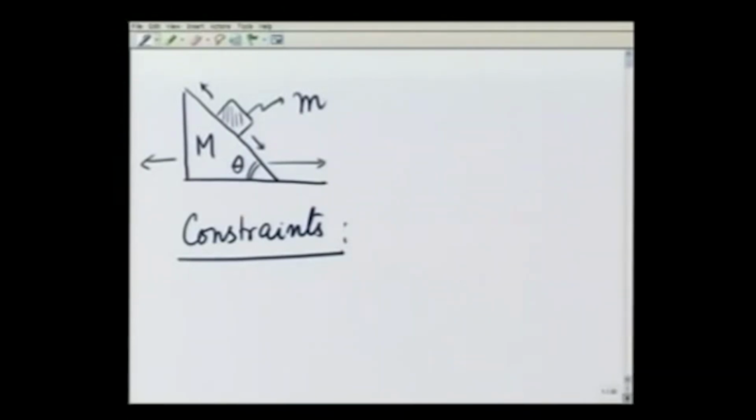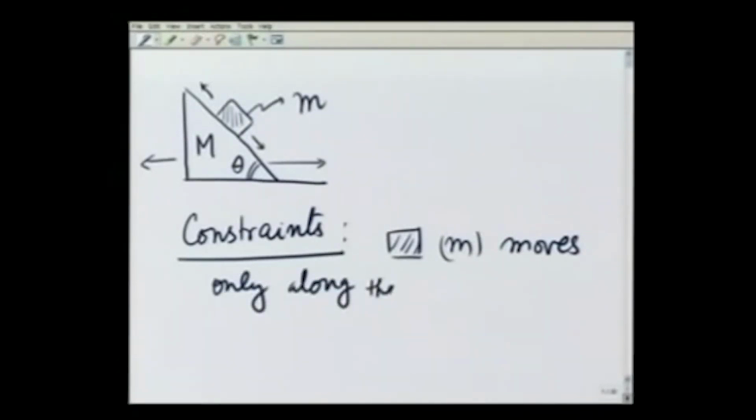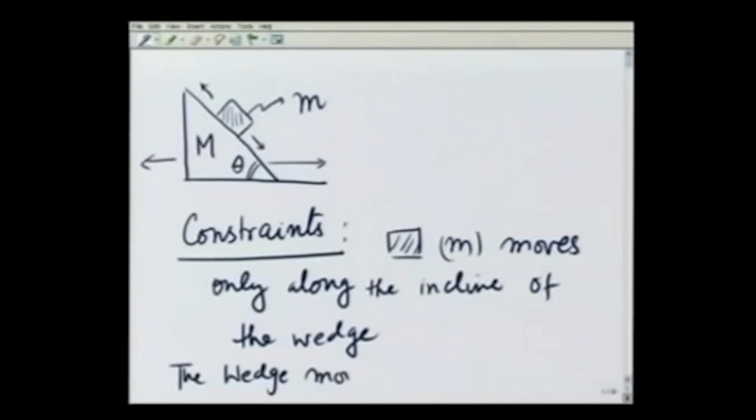Constraints of the motion are that this block of mass m moves only along the incline of the wedge, and the other constraint is that the wedge moves only in the horizontal direction.